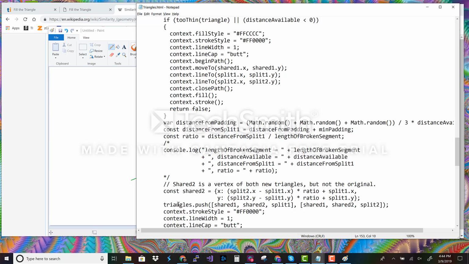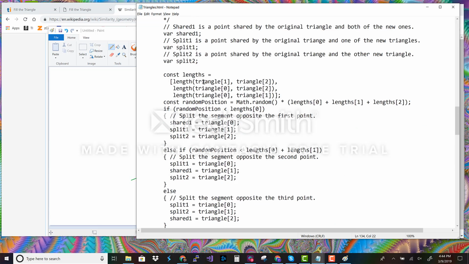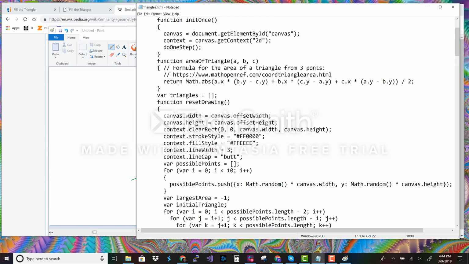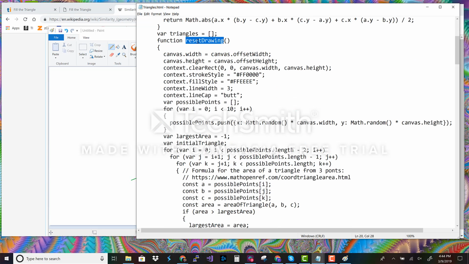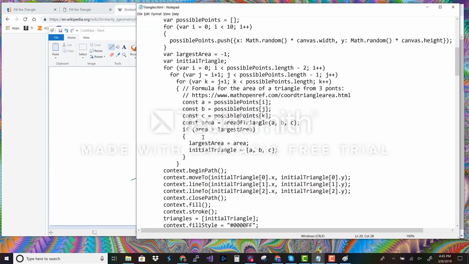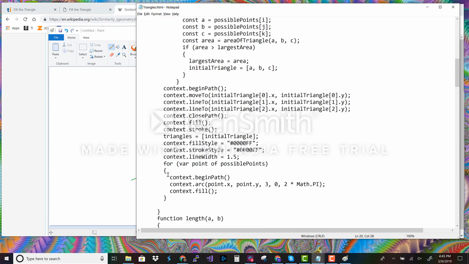And we push, so we had that list of triangles. I don't know if you remember when we first created that very first triangle in Reset Drawing, whenever we start a new thing. At the end here, right before our debug code, we just say that the triangles is a list that only includes that one triangle.